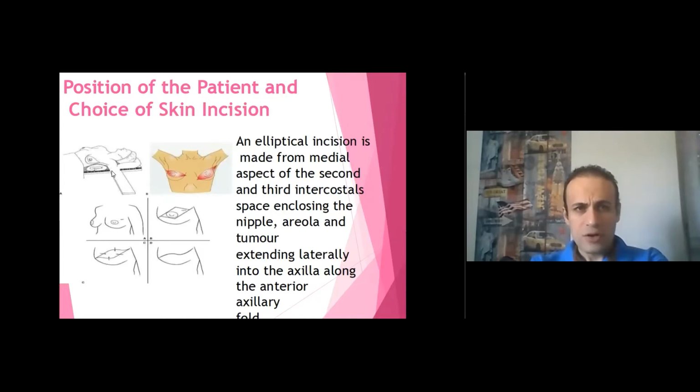This is the position of the patient, which means that the arm is extended laterally to expose the whole area from the medial side to the lateral side, including, of course, the nipple, areola, and the tumor, which you will remove. And the elliptical incision, when it is closed, the end result is like an S-shaped incision.